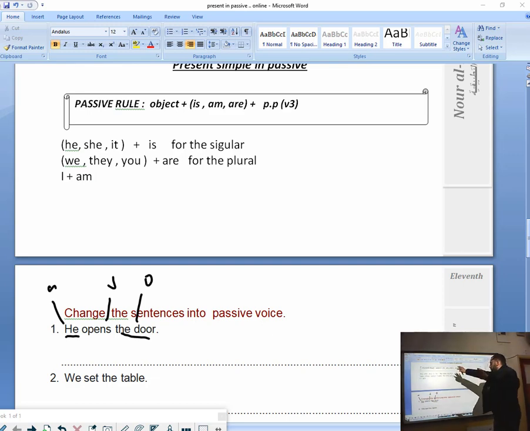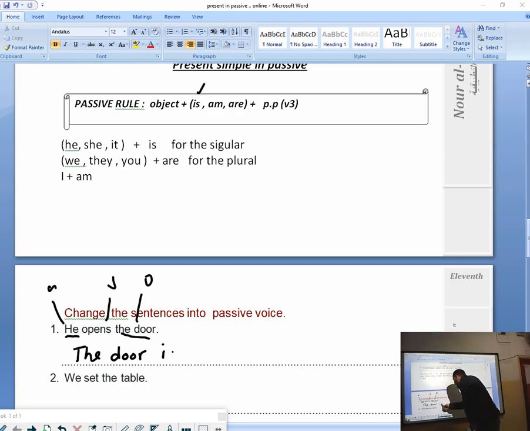I should follow the rule. First of all, I should start with the object. Then I write the door. I should realize that the door is singular, so I should use is for the singular.